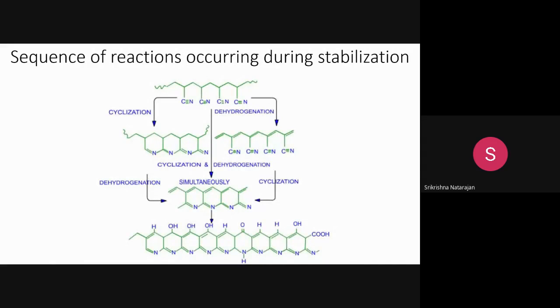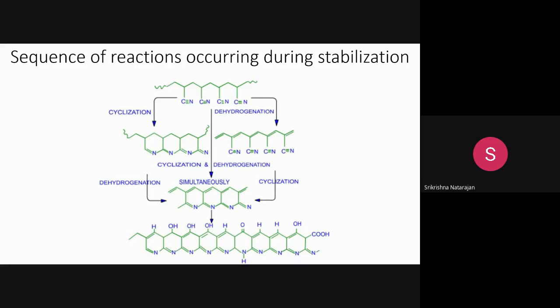Here I will show you the first step, where you can see this is the C triple bond N. Once you start heating to 200 to 300 degrees centigrade, two things you can see. One is cyclization, another is dehydrogenation, which means the removal of hydrogen, where the hydrogen gets removed and one by one the parts start breaking into various types of fragments.